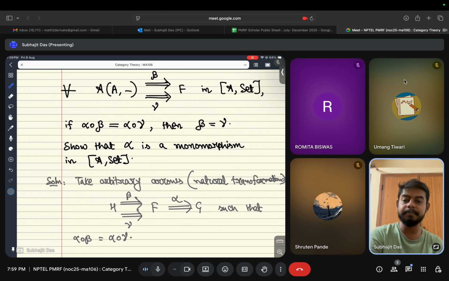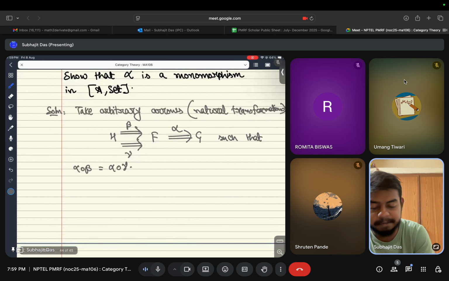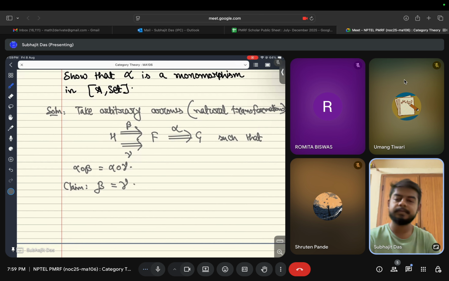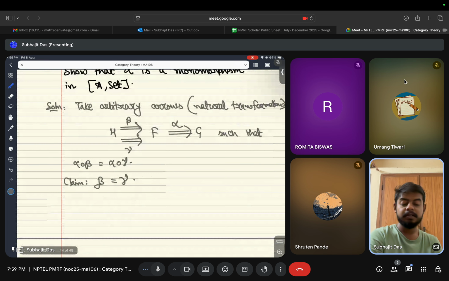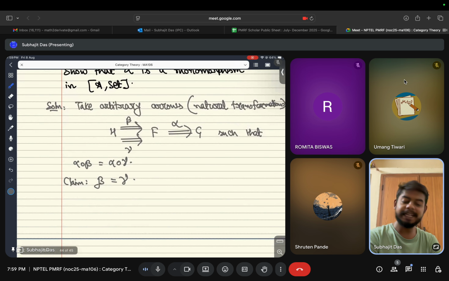Our claim is that beta must be equal to gamma. This is what we need to show, and that will prove that alpha is a monomorphism, because beta and gamma are arbitrary and H is arbitrary. So we want to show beta is equal to gamma.